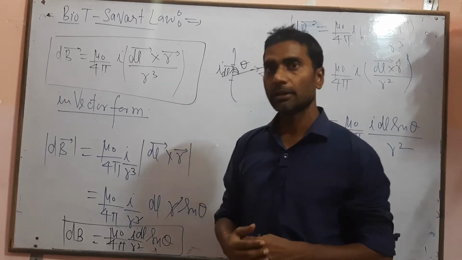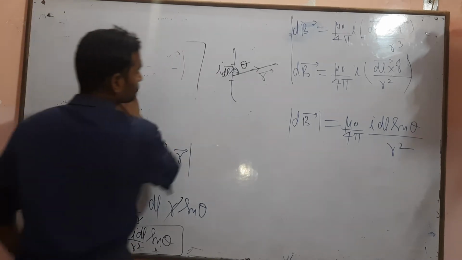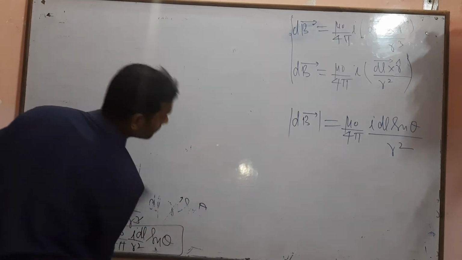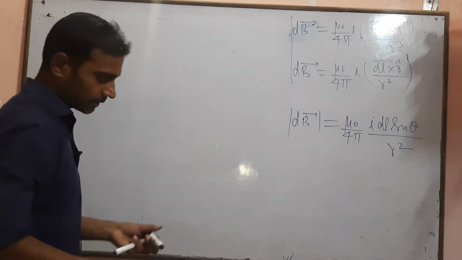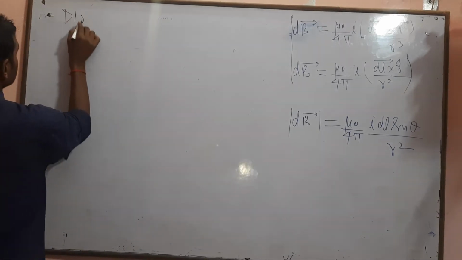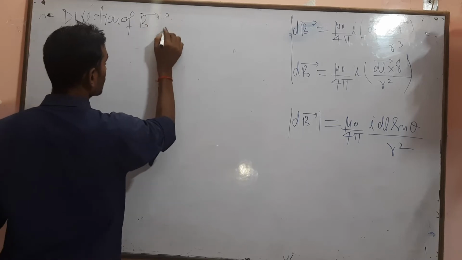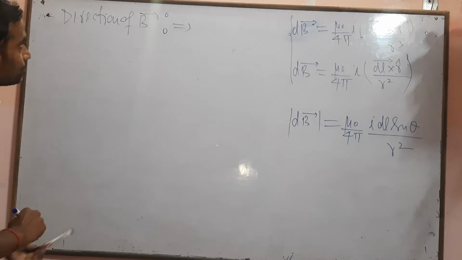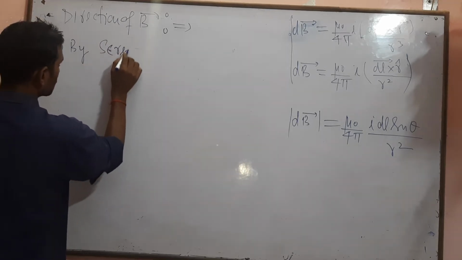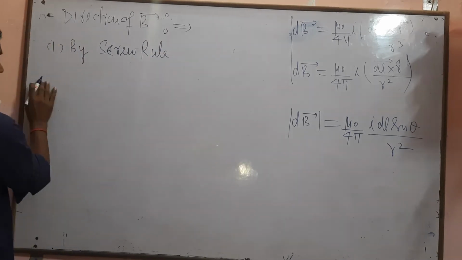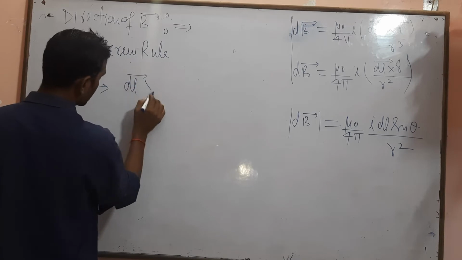Another point is the direction of magnetic field B. First, by screw rule, the direction of the magnetic field B will be along the direction of dl vector cross r vector.